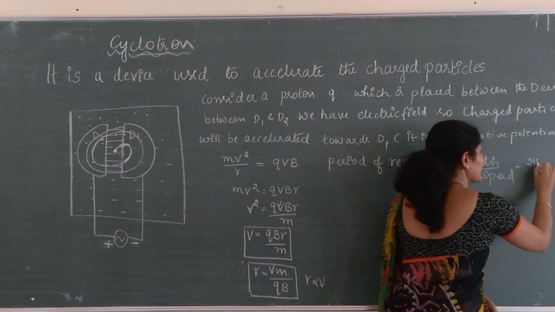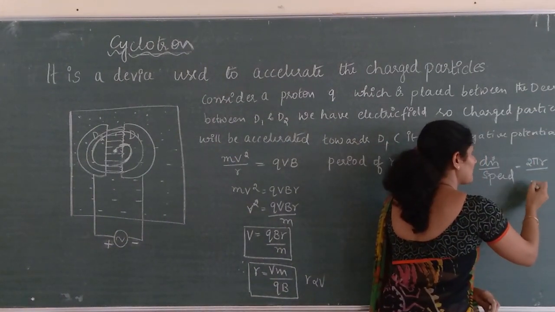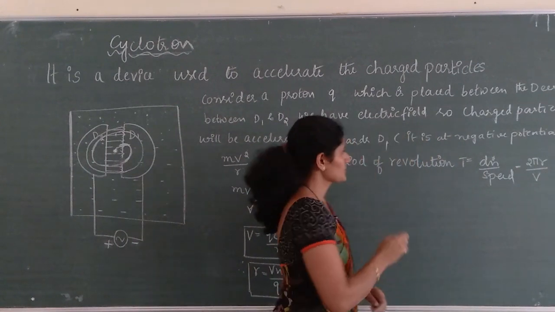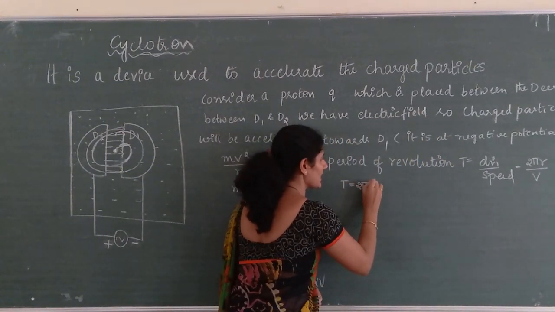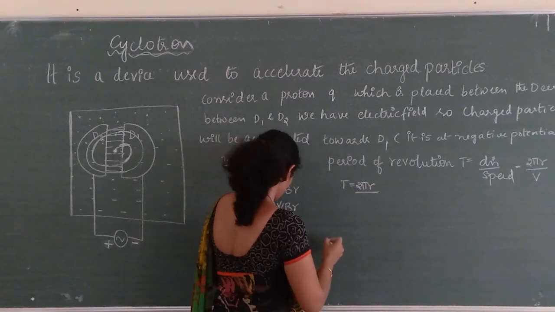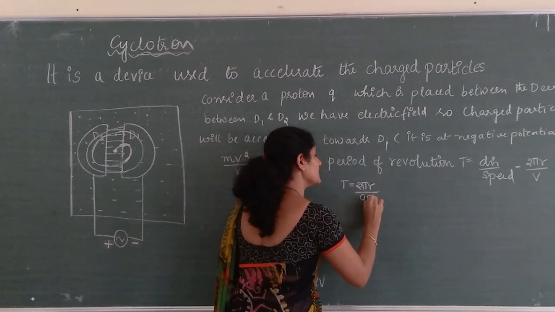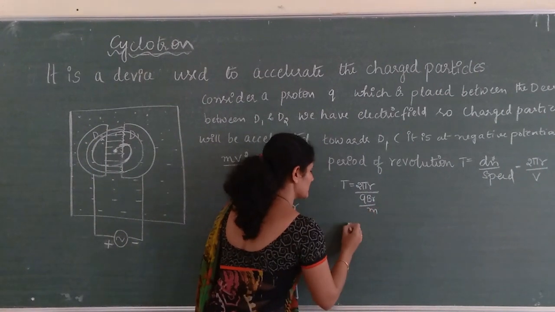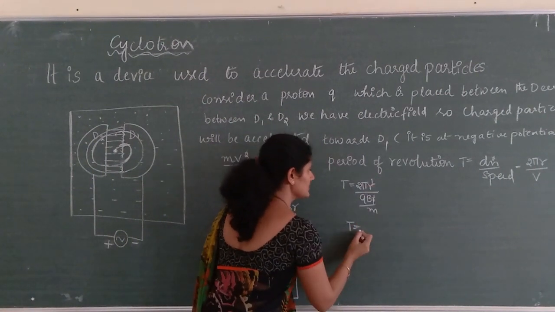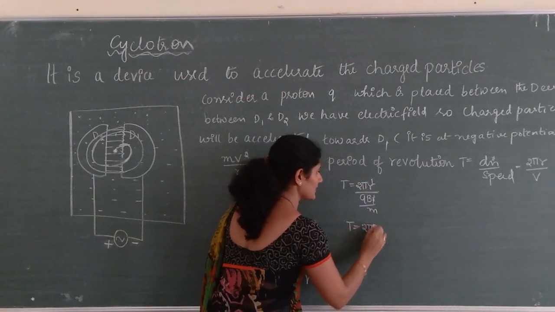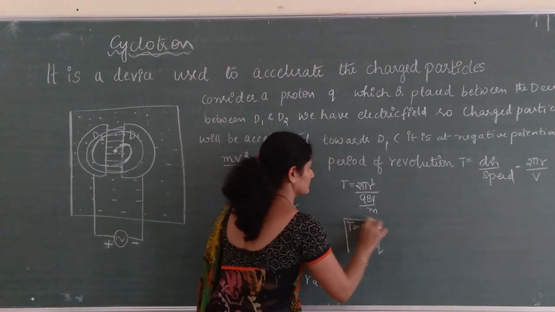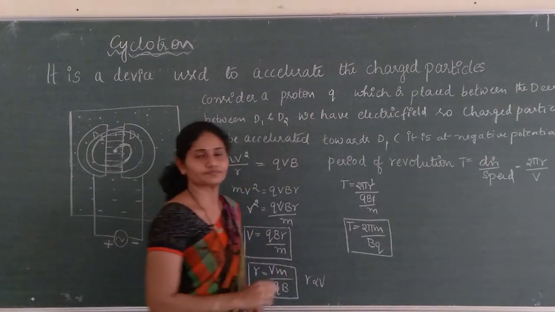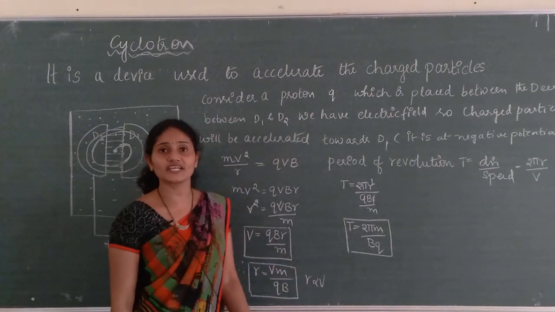So, distance is 2 pi r divided by speed v. So, the time period T is equal to 2 pi r divided by v. v is qBr divided by m. So, T is equal to, r cancels, 2 pi m divided by Bq. This is the expression for the time period.